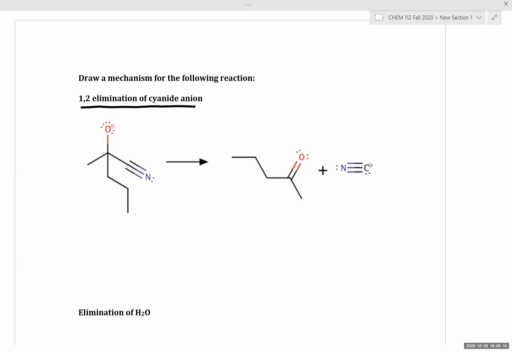So we know that this is a 1,2 elimination. Now all we have to do is draw the arrow pushing mechanism, so that way we can generate the desired bonds and break the bonds needed to generate our products.